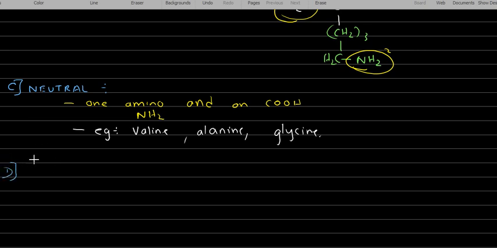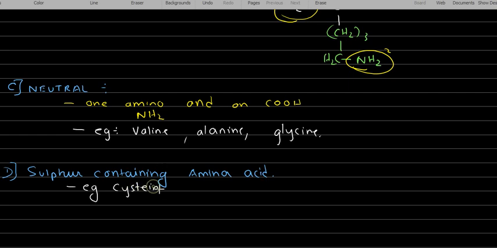There are some amino acids which may contain sulfur, so they are referred to as sulfur containing amino acids. Examples are cysteine and methionine.